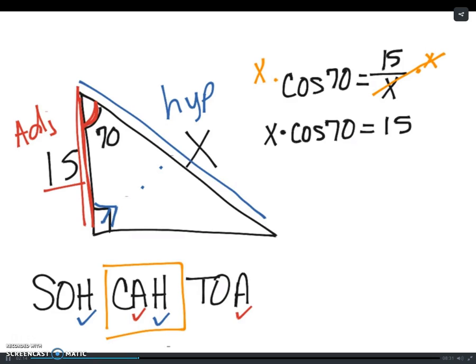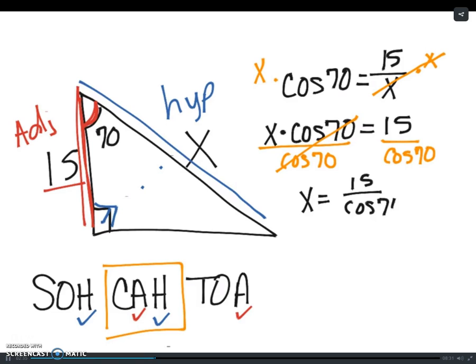These two on this side are multiplied times each other, so I want to do the opposite. I want to divide. So I'm going to divide by the cosine of 70. Okay? And those two will cancel out, and so on the left I'm just left with x, and on the right I have 15 divided by the cosine of 70.